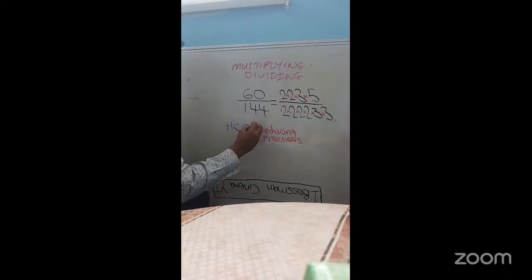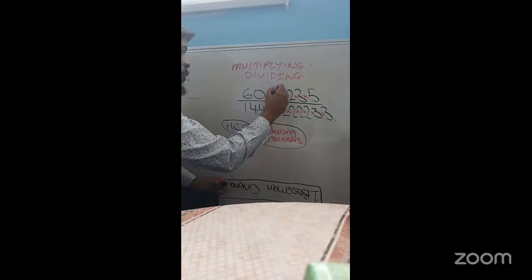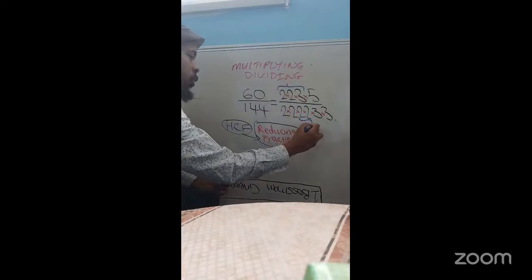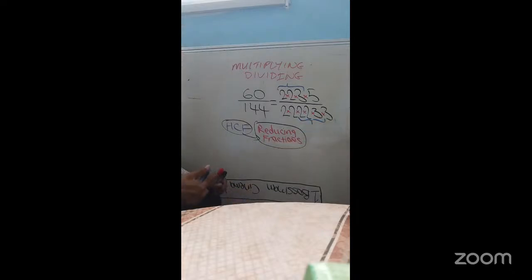So once we're reducing fractions, we're using the HCF. So what is the HCF? We have 2 by 2 by 3. We have 2 by 2 by 3. Right? So, you see anything you cross out?